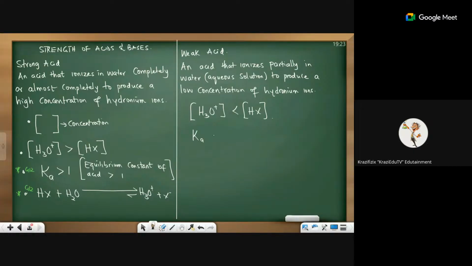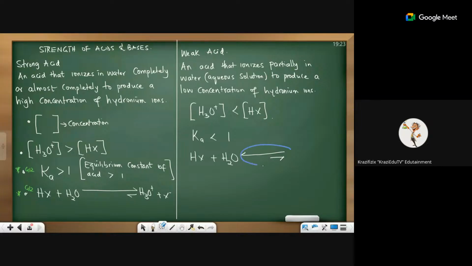Ka would be less than 1. Now you know Ka is the equilibrium constant, grade 12. And our equation will be HX. Don't worry about this equation that much, but my grade 12s should know what I mean. The arrows are not mistakes, so don't try to correct them. One is longer than the other.